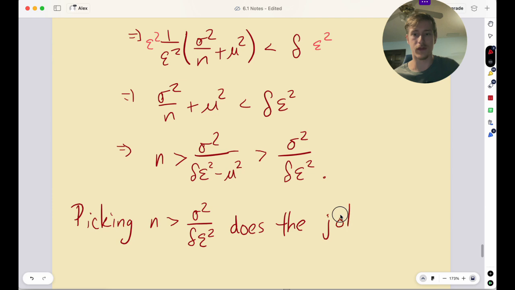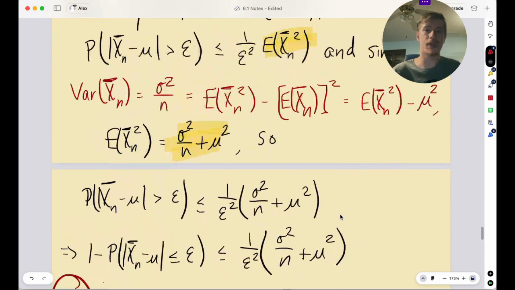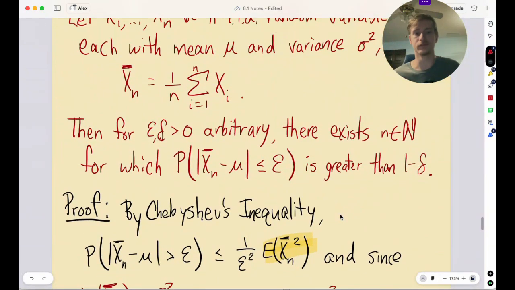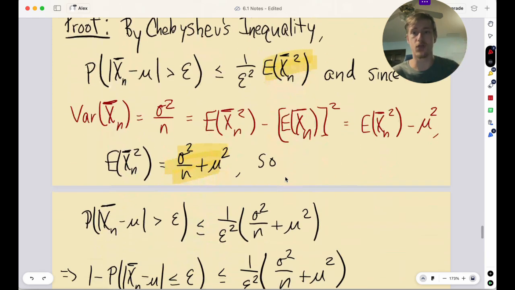So if we go back up to the theorem, delta and epsilon were chosen in advance. I didn't change or manipulate those. But what we did was show that there is a value of n based on these constants for which this is greater than this. So we're done. I proved it.